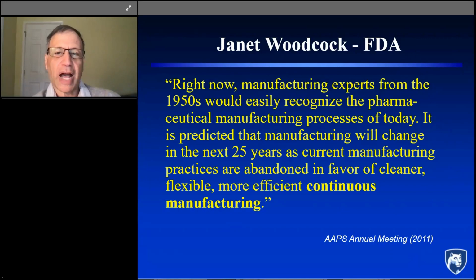As Janet Woodcock, at the time Associate Director of the FDA, specifically noted, there has been very little change in manufacturing platforms, and it was her hypothesis back in 2011 that over the next 25 years there would be an abandonment of those practices in favor of cleaner, more flexible, and more efficient continuous manufacturing processes.